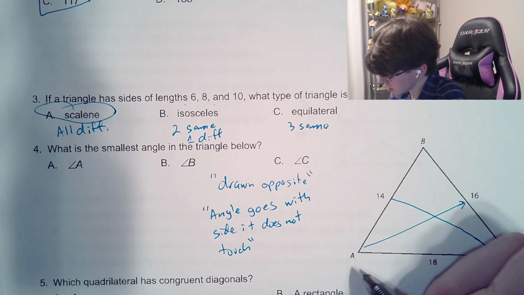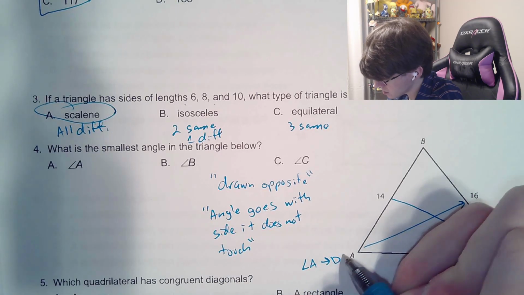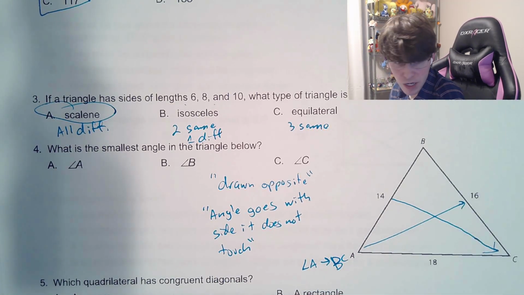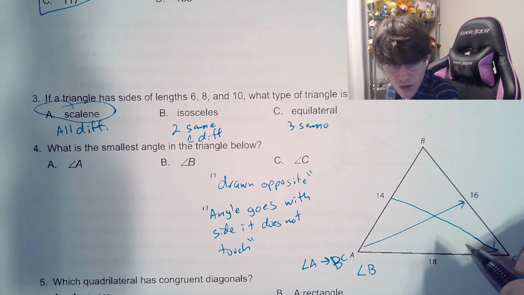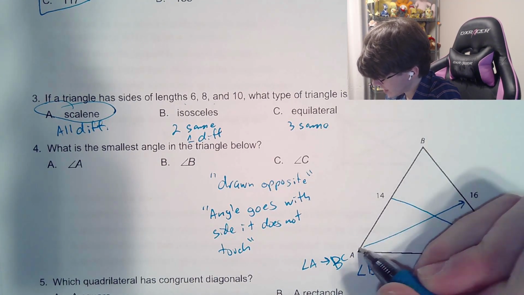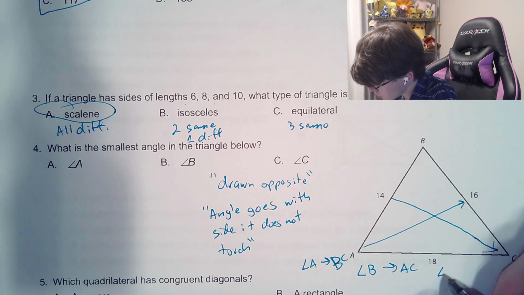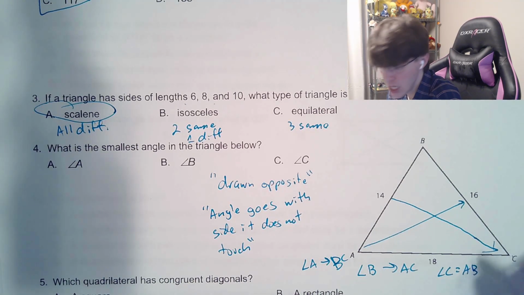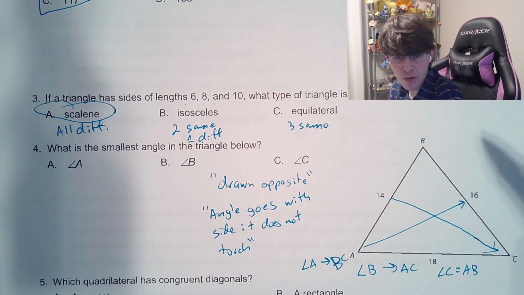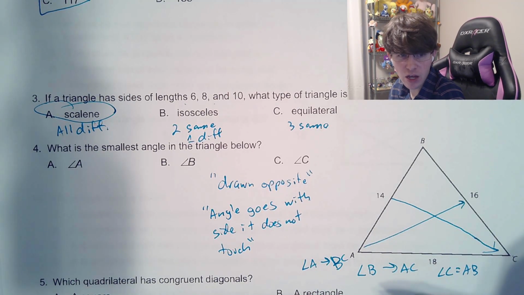For instance, the angle A goes with BC, because it doesn't touch those two. Likewise, the angle B is going to go with AC. And last but not least, angle C must go with AB. So you can either do it the drawn the opposite way I was just saying before, or you could say with the English version of it, the angle goes with the side it does not touch.